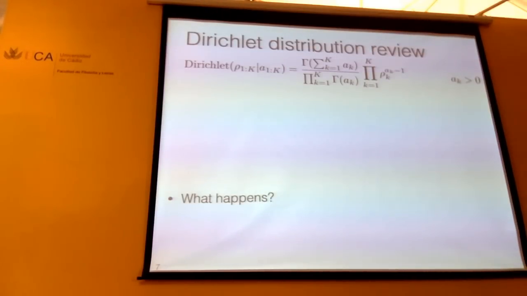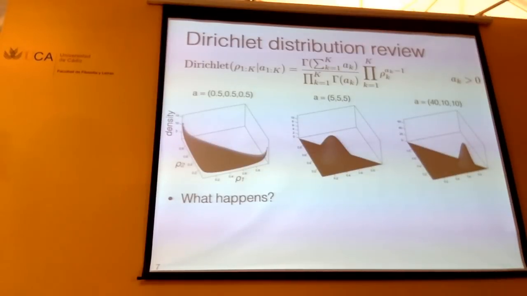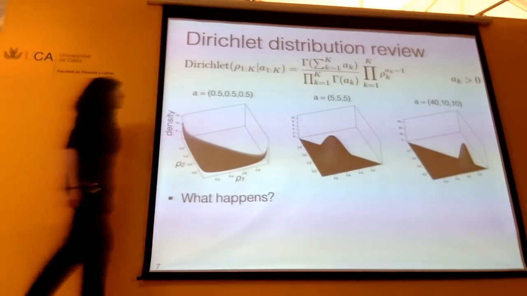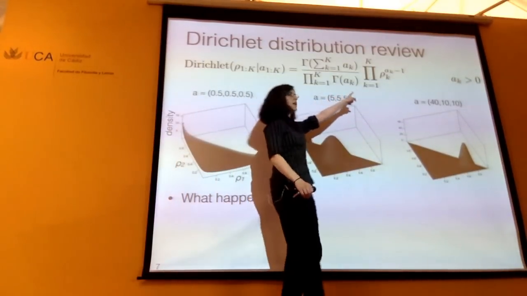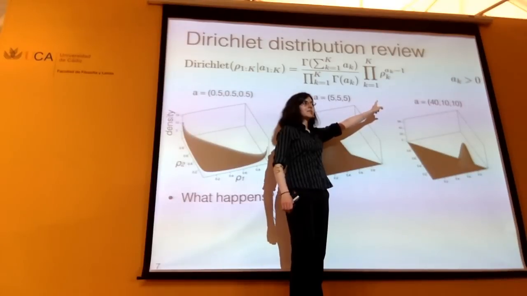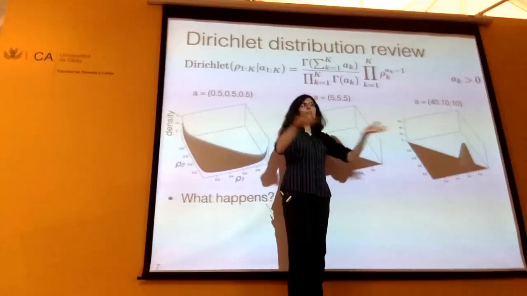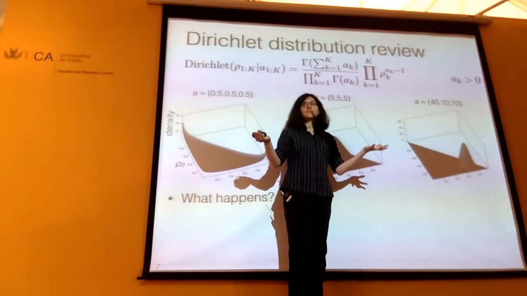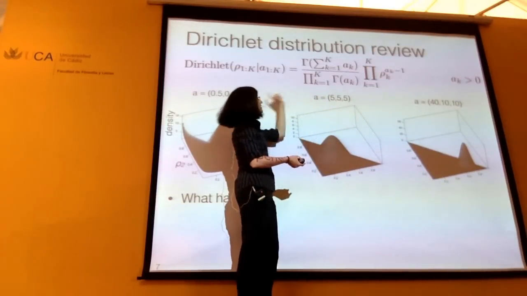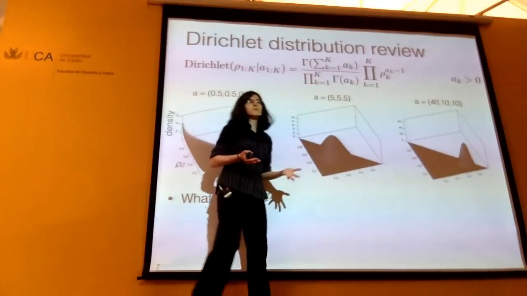Okay, so again, we want to ask, what does this look like? Well, when a_k equals 1 for every k, we again see that we have rho to the 0. All these multiplications of rho to the 0, so we're effectively saying our distribution is proportional to a constant, so we have a uniform distribution.